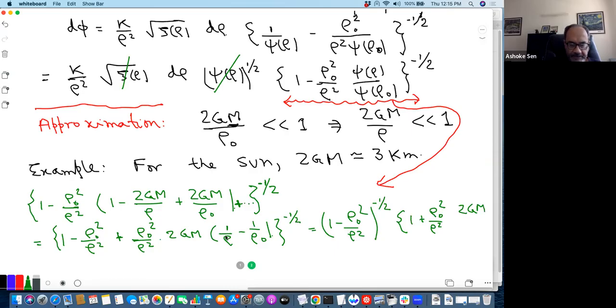Okay. And you see here there's a 1 over rho minus 1 over rho 0, which I can write. Okay, let me write the result anyway, in the next slide.